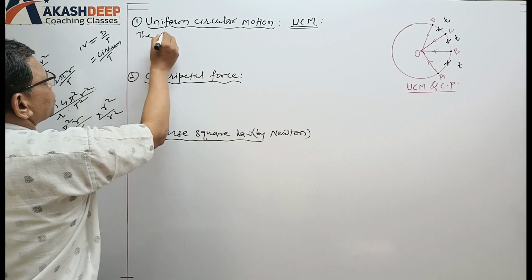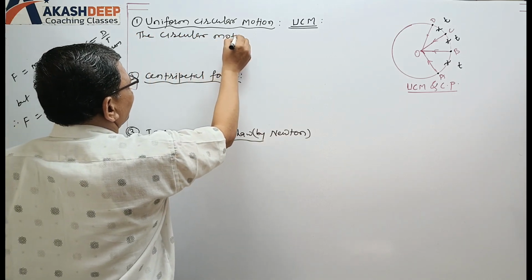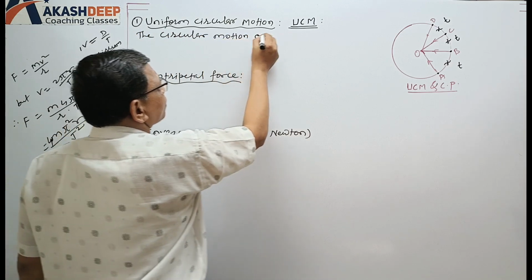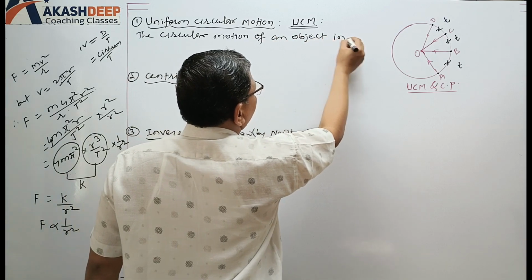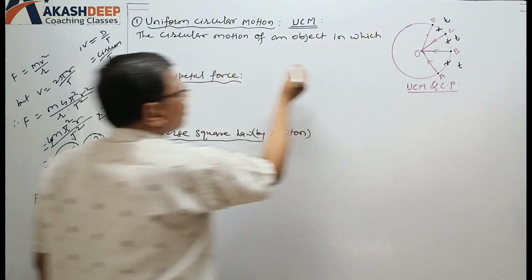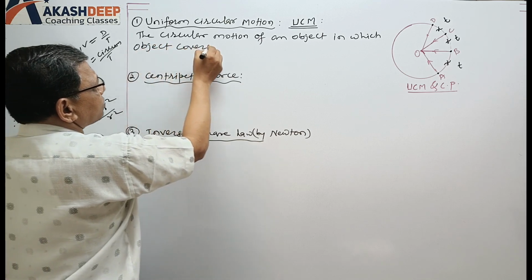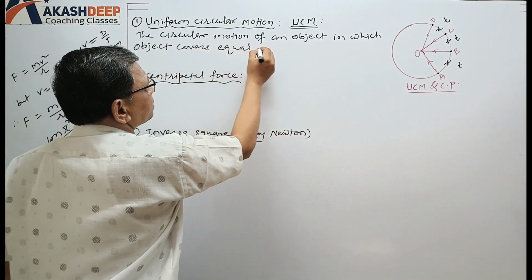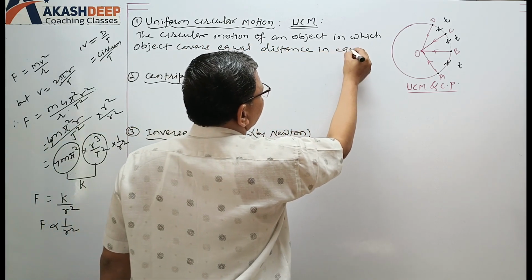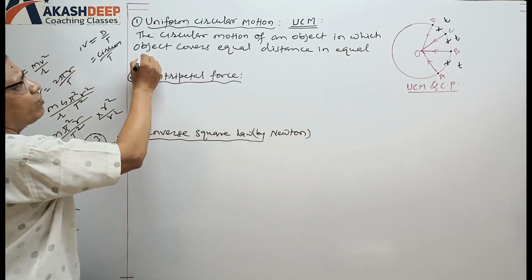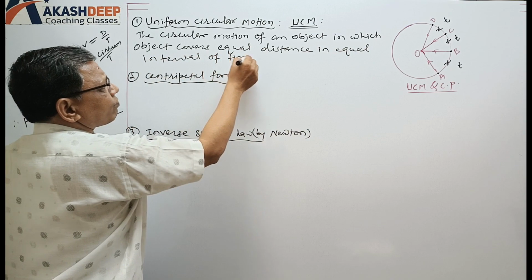The circular motion of an object in which object covers equal distance in equal interval of time.